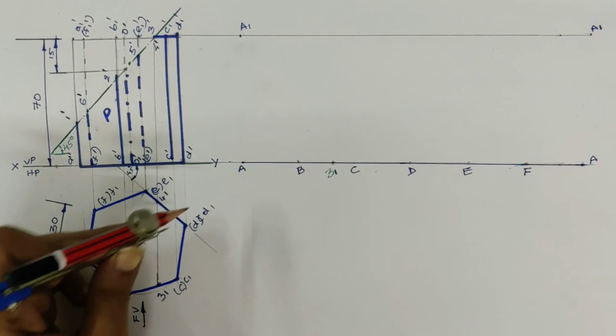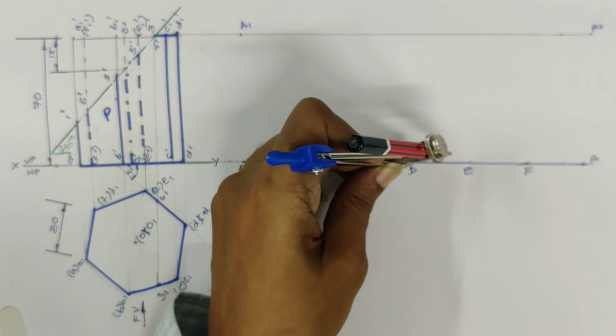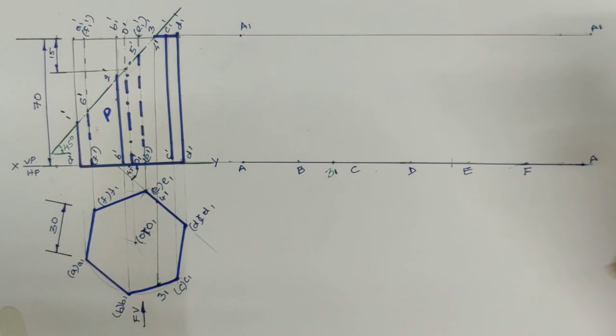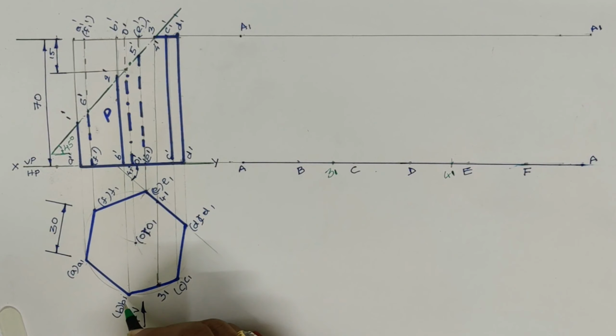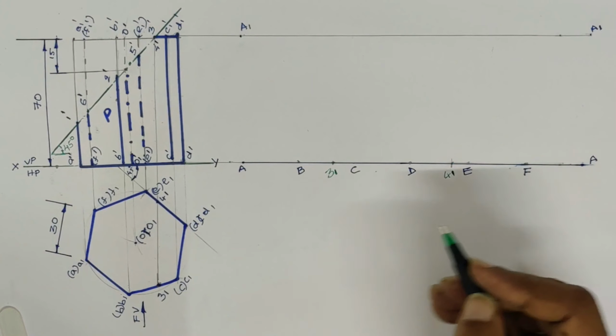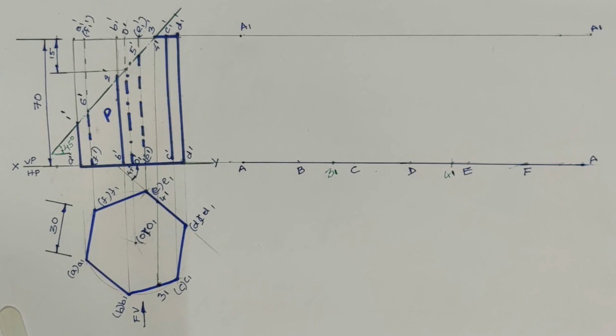This 4-1 is in between D1 and E1. 3-1 is a point on B1 C1 base edge and 4-1 is a point on D1 E1 base edge.